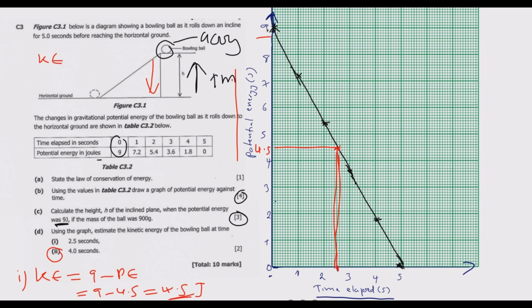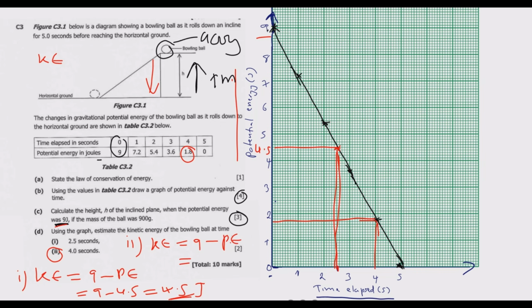We move to D2. So D2 is 4 seconds. So we come to 4 seconds. So 4 seconds is exactly at this point, which we have on the table. So we come here, it will be basically 1.8. So 1.8 is the potential energy. So using the same principle, we have kinetic energy. In this case it will be 9, the total available at the beginning, minus the potential energy available now.